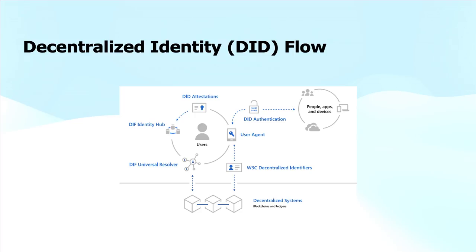DIF identity hubs are a replicated mesh of encrypted personal data stores composed of cloud and edge instances like mobile phones, PCs, or smart speakers that facilitate identity storage and identity interactions. DID attestations are DID-signed attestations based on standard formats and protocols.